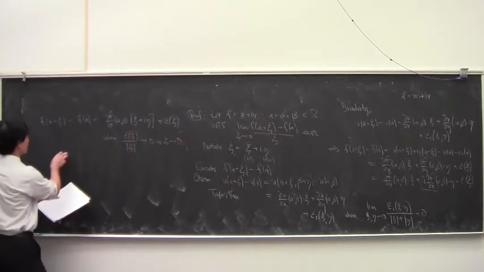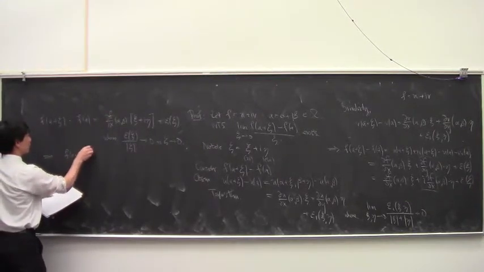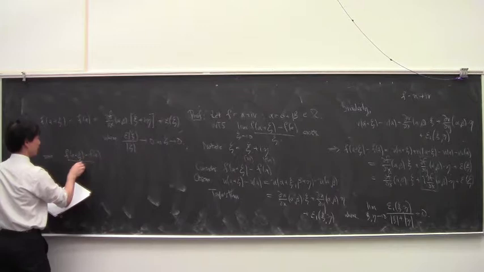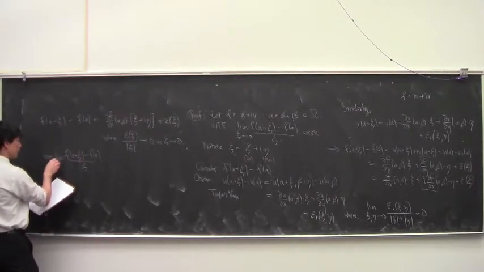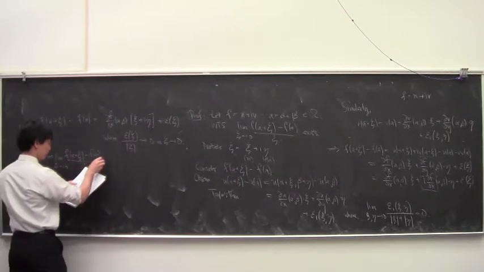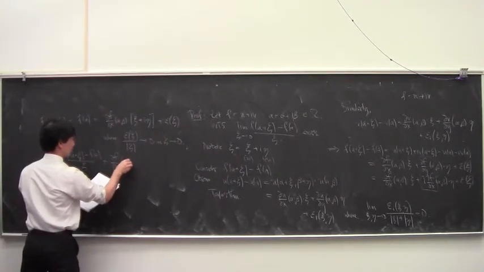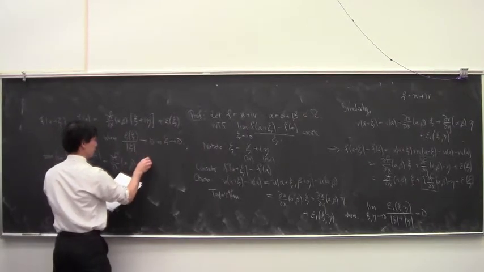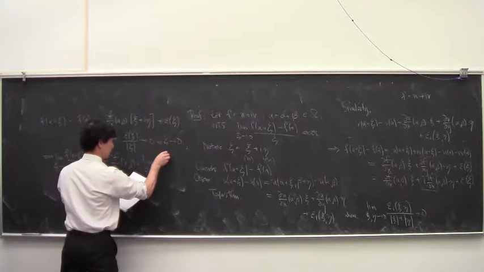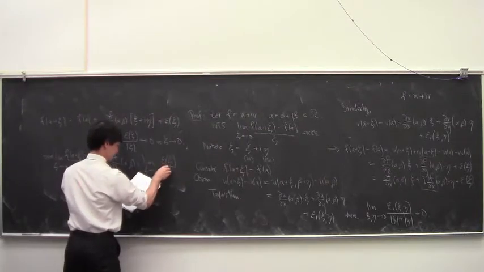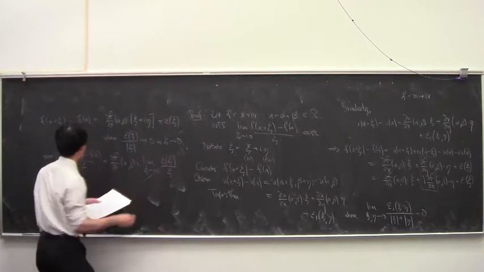Okay, and then dividing both sides by zeta, you end up with what you hope for. You end up with df dx alpha beta plus the limit as zeta goes to 0 of epsilon zeta over zeta, which is 0.